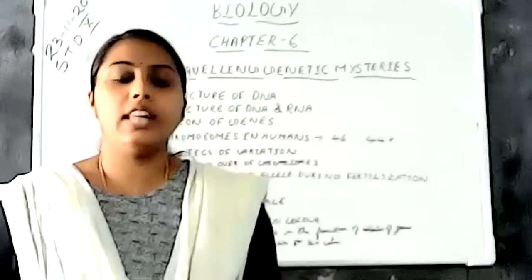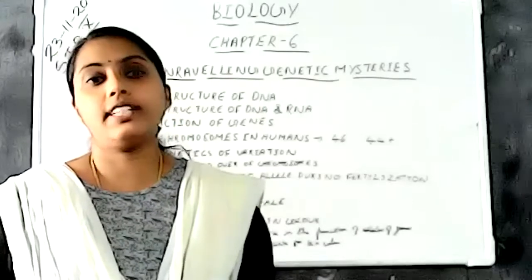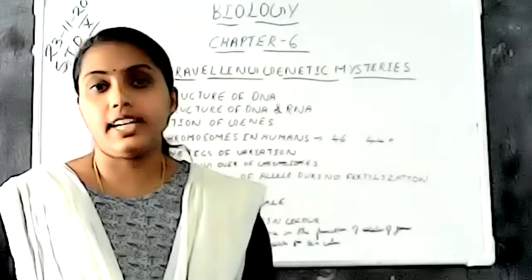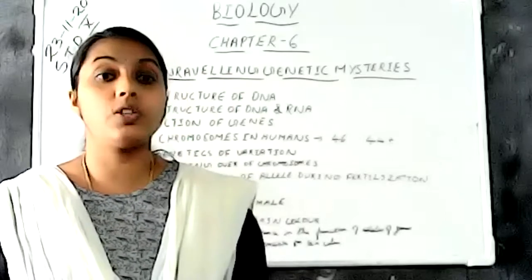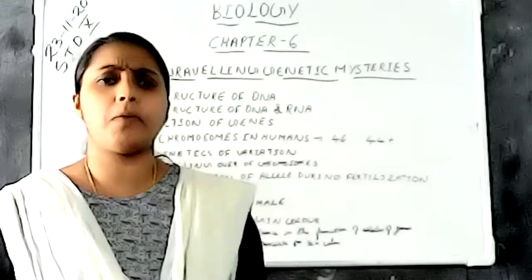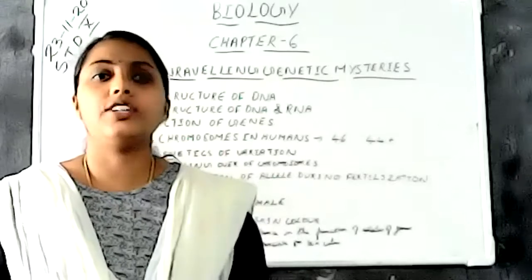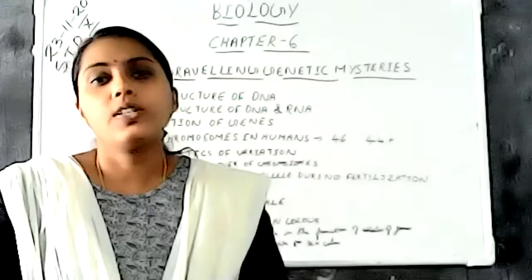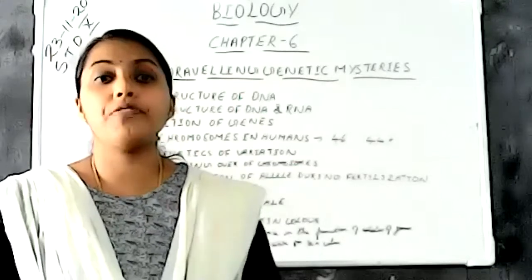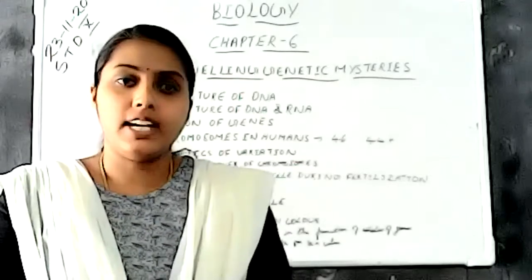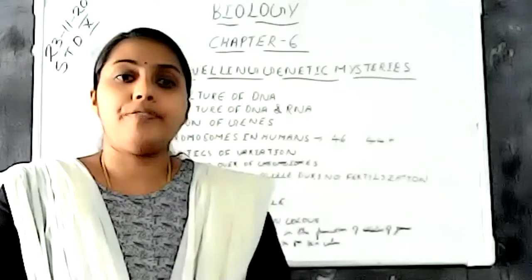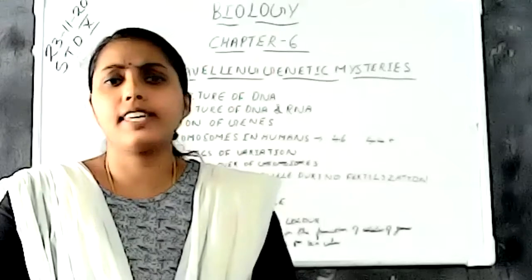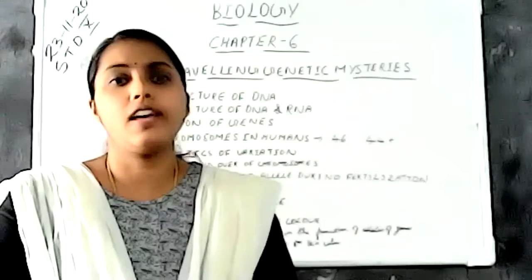In the earlier class we said that Gregor Johann Mendel, the father of genetics, told us that a factor is responsible for the transfer of characters from parent to offspring. But he didn't explain what that factor is.